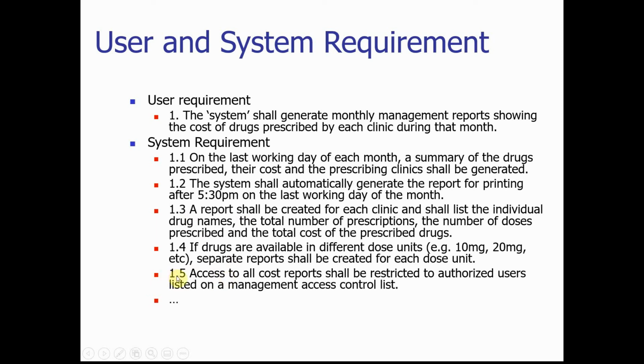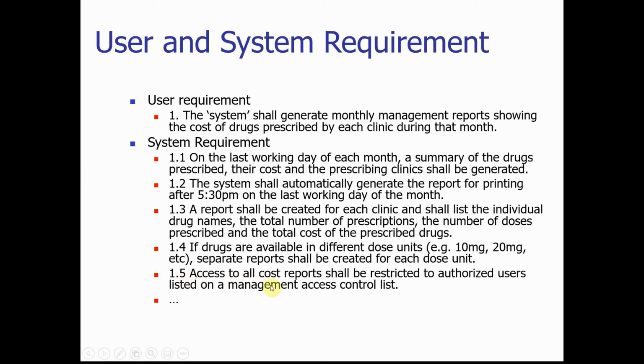But you as an engineer know that, since I have a report, should the report be open to the public, everyone has access? If you ask a user this question, they say, oh no, this report is not for the public, it's only for certain members. Then you can have this 1.5.